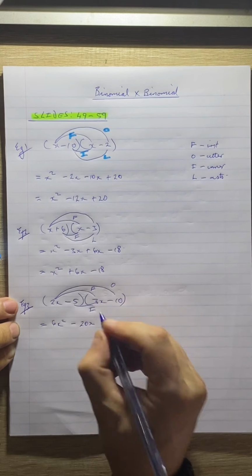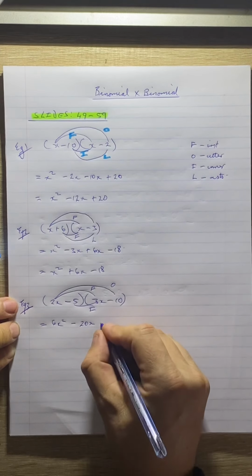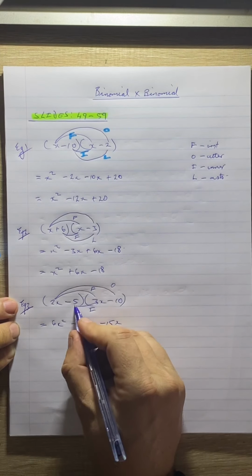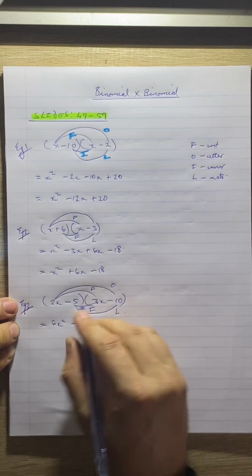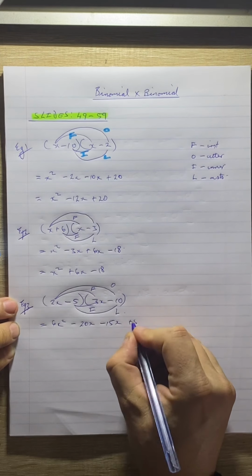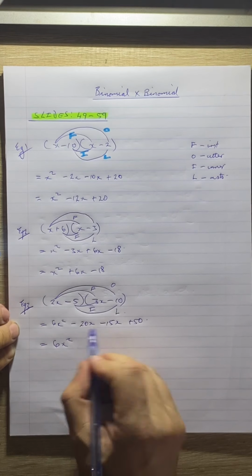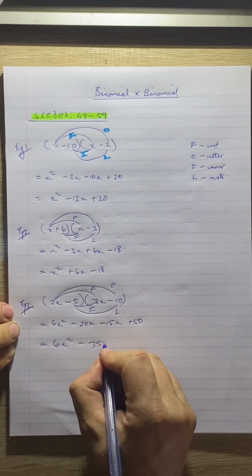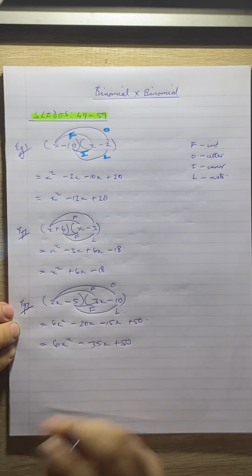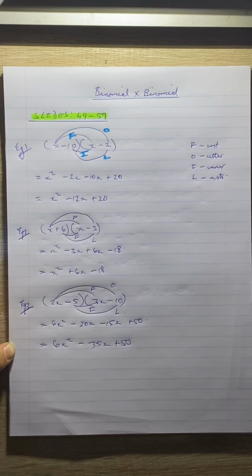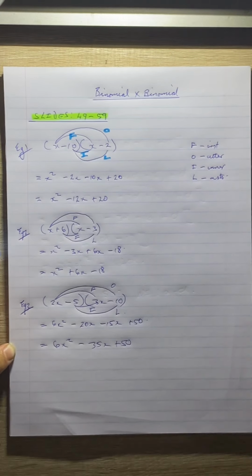Inners gives us minus 15x. And then we've got the lasts, which gives us plus 50. Get like terms together, so that'll give us minus 35x plus 50. And there's our solution. Okay, grade 9s, that is it for foiling.